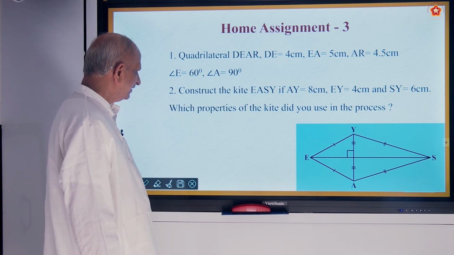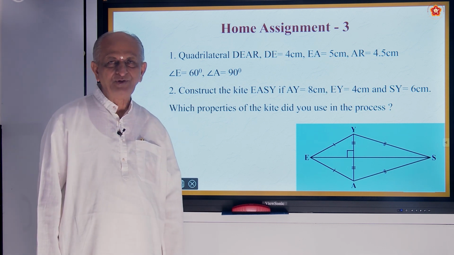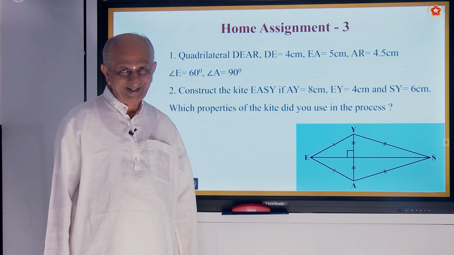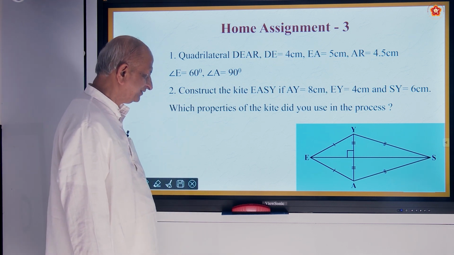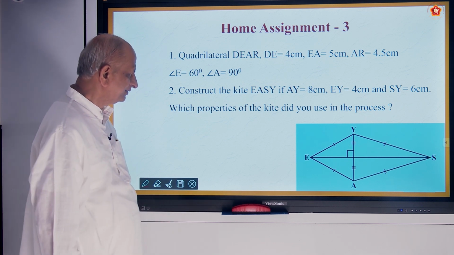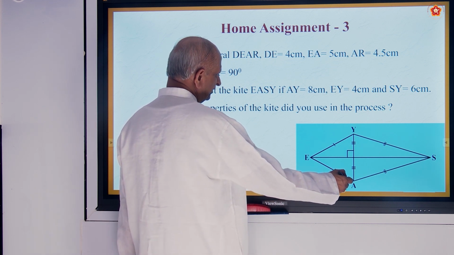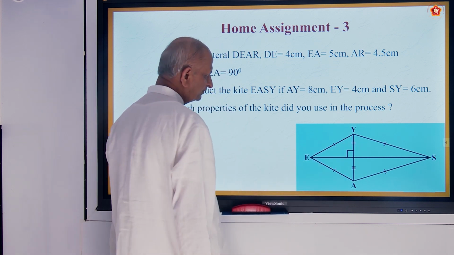Construct a kite, easy. How many of you know playing with a kite? Almost all, correct? And also you must know how to construct it. So here is one sample. You are given AY, the diagonal, 8 centimeters.